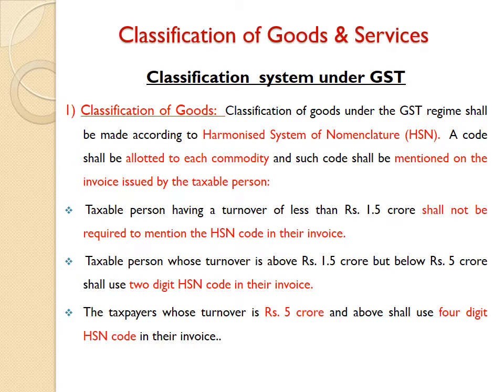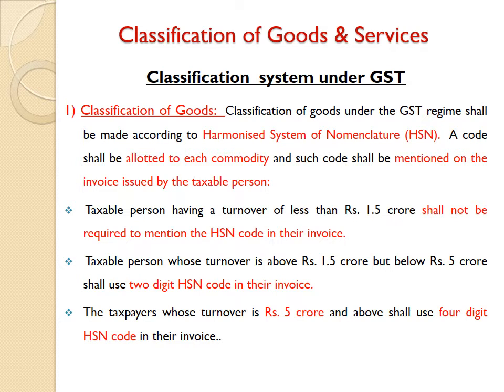It means that for turnover between 1.5 to 5 crore, the taxable person is required to mention a 2-digit HSN code on their invoice. Taxpayers whose turnover is rupees 5 crore and above shall use a 4-digit HSN code in their invoice.